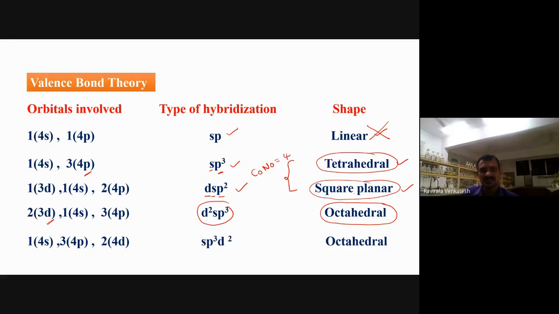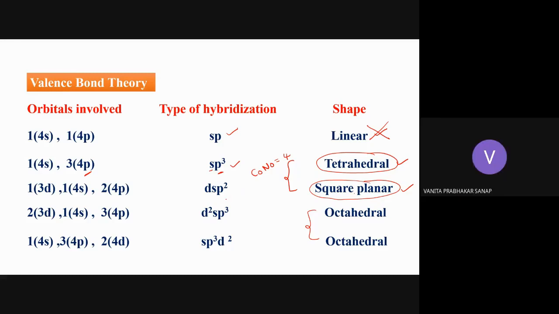What is the difference between these two, d2sp3 and sp3d2? Anybody can you say? Vinayak, Vanita, Vaishnavi. 4d orbital is involved.